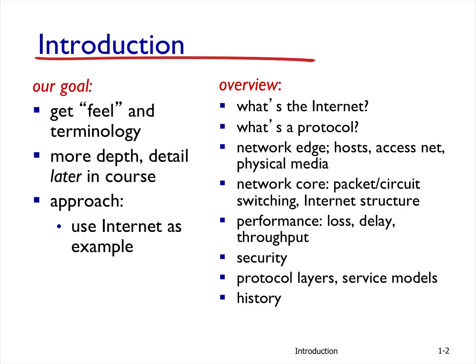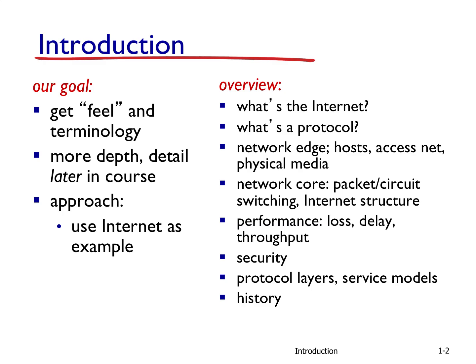So remember, our objective, as per the discussion that we had last time, was mainly to give you an overview on what's the internet, what's a protocol, the network classification. So what's an edge, what's a host, what's an access network, what are the physical layer or the physical media.